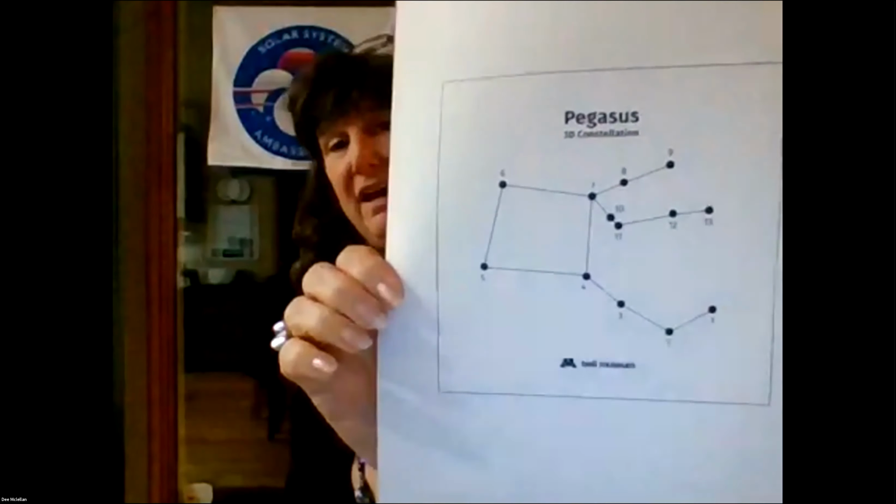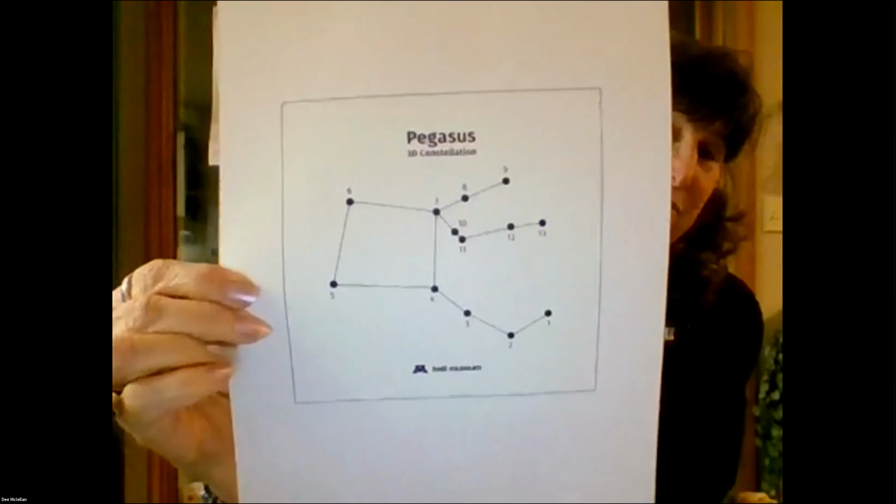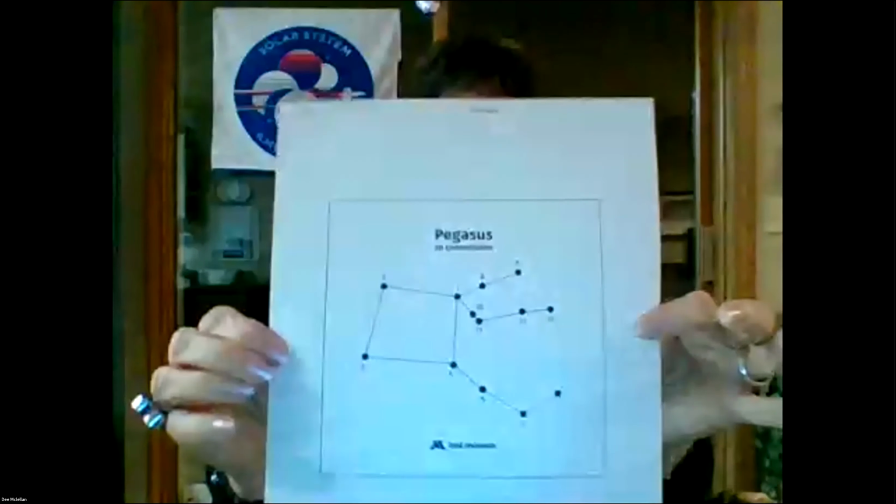Now, here is a closer-up view of what that constellation looks like. You can download this from the museum website, along with the directions, and that's what I've done here. So let's go ahead and start to build this constellation.